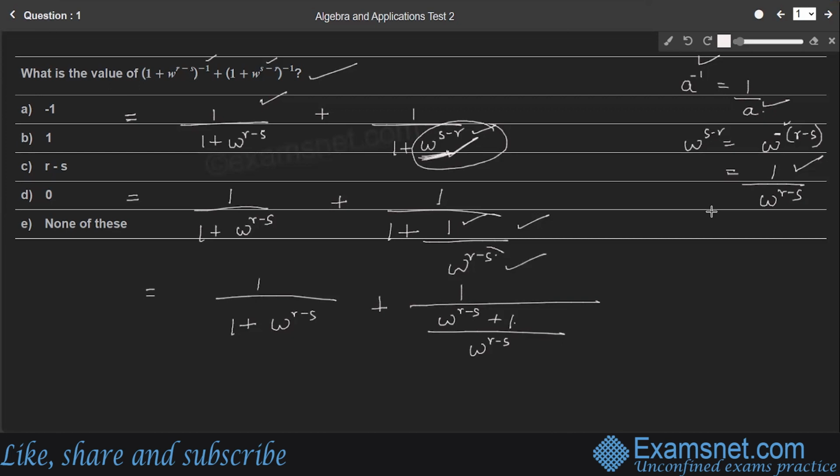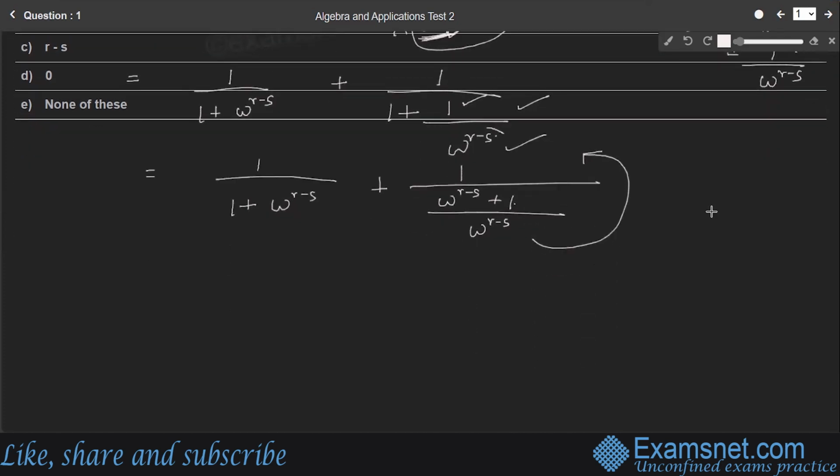So the denominator of the denominator will go to the numerator. Therefore, the first term will be as it is, plus the numerator becomes w raised to r minus s, and the denominator of the second term is w raised to r minus s plus 1, or simply we'll write 1 plus w raised to r minus s.